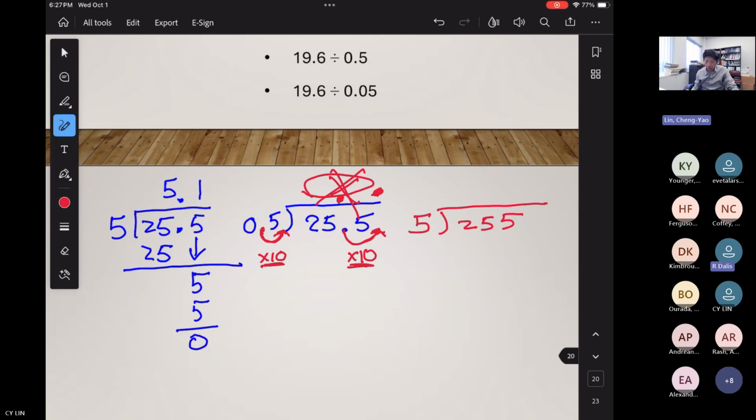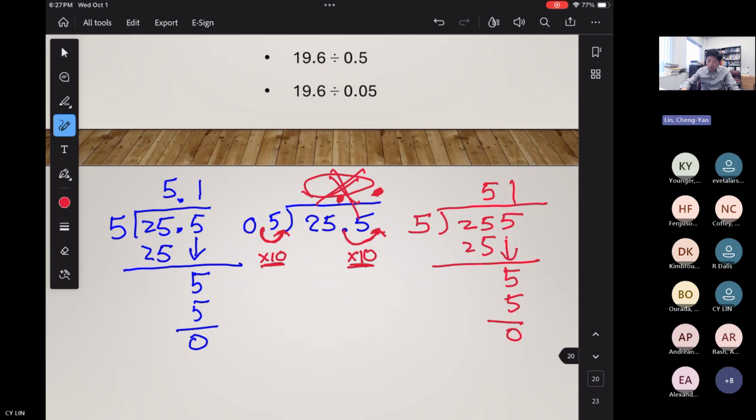Everything is clean. 5 times 5 is 25, and 25 minus 25 is 0. Then move on to the 5 there. So that's 51. Nice and clean. They always get an answer and have not struggled with the decimal point. Is that right? Yes. Okay.